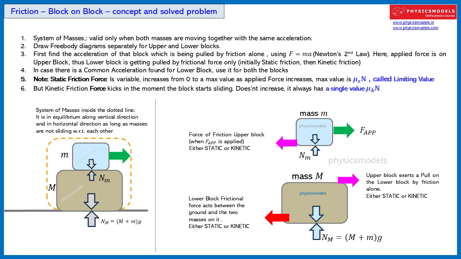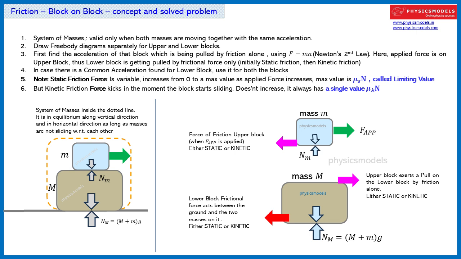And what's resisting that is the red arrow, which is the frictional force acting between the lower block and the ground. The important starting point is to put the normal forces correctly.